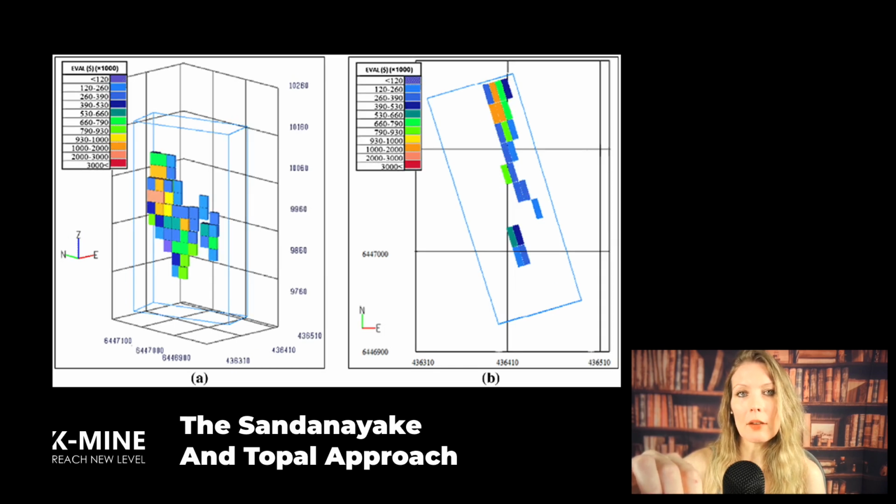And finally, we have the Sinde Yaki and Topal approach. This algorithm aims to create a three-dimensional optimized stope layout that maximizes economic value while complying with physical and geomechanical constraints. This process begins with block model regularization to ensure all elements are of uniform size.